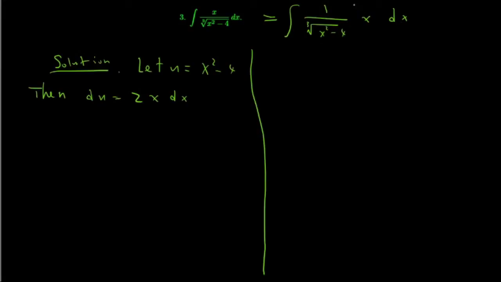In method 1.1, I told you you can imagine a box. The other function, which is the derivative of u times a constant, together with the factor of dx, you put that in the box. And then from the differential, I wanted you to solve that equation for the box.